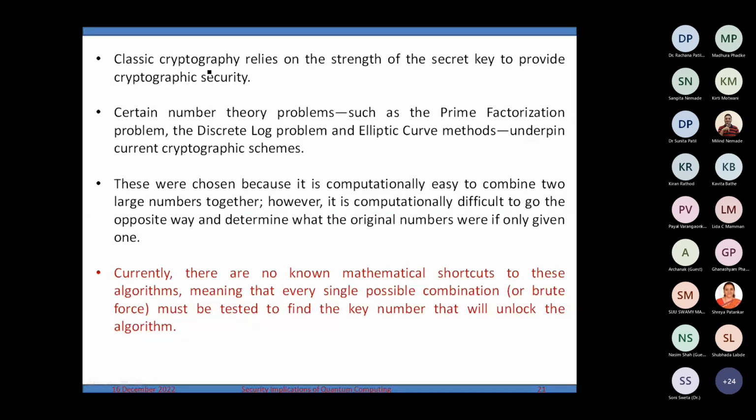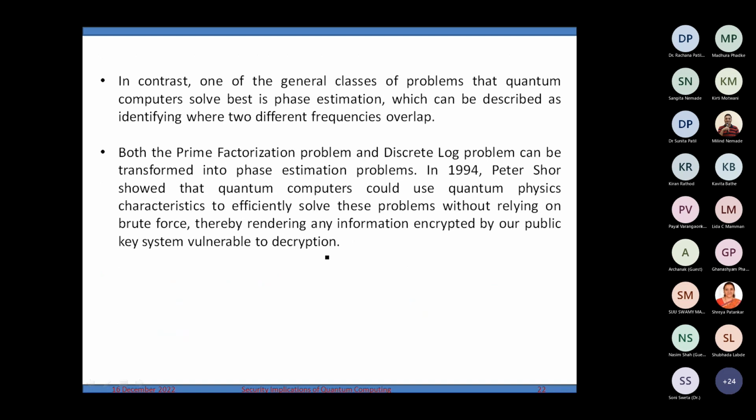So classical cryptography, whatever we discussed, lies with the strength that there are certain number theory problems, such as the prime factorization problem and the discrete logarithm problem, for which we don't have computationally feasible algorithms. But in contrast, these problems are tractable using quantum computers.